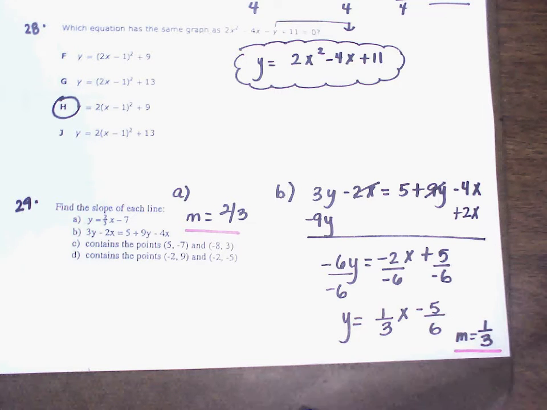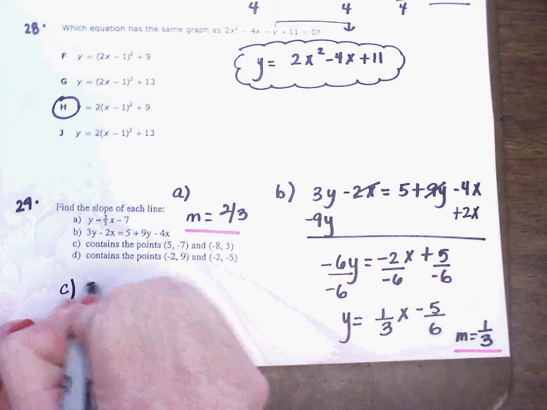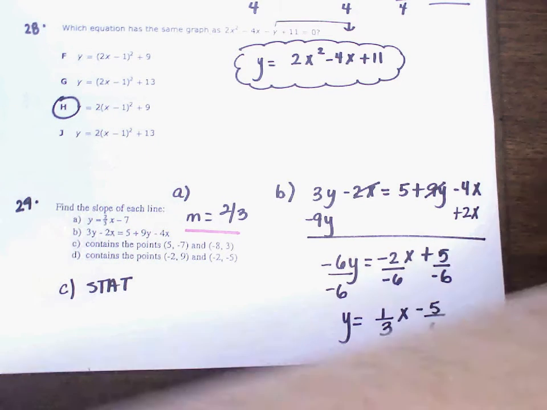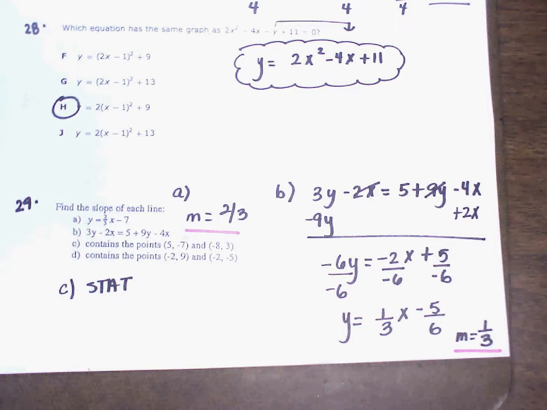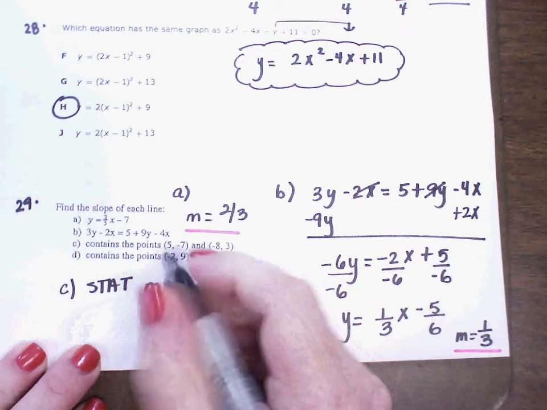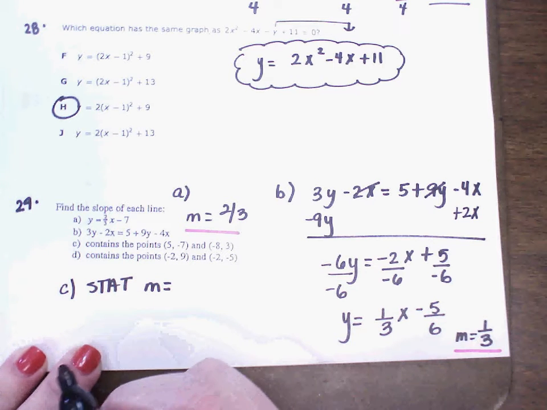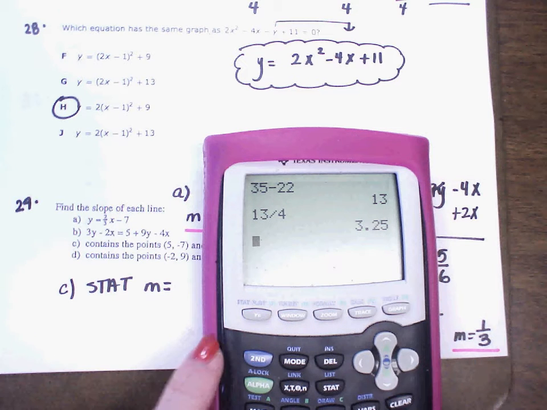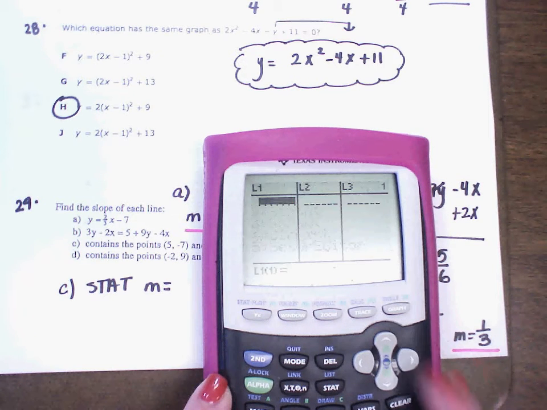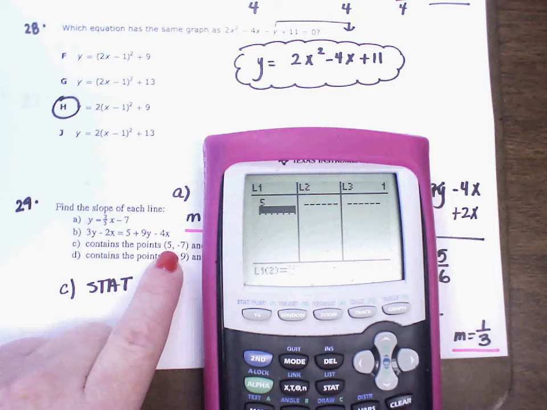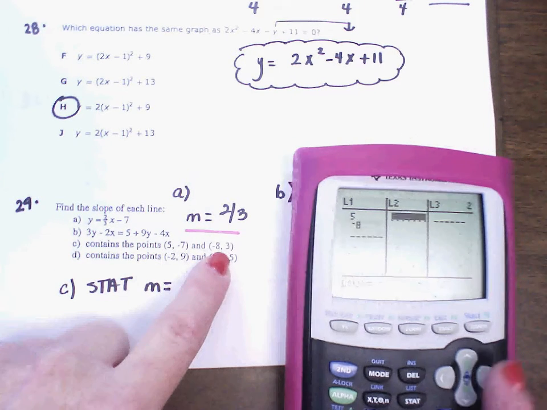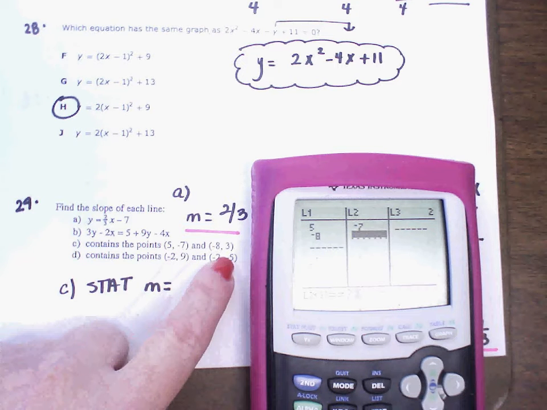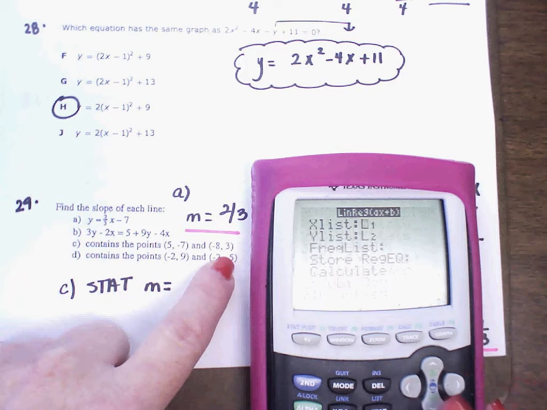All right, for the next two, all you need to do is go to stat. For letter C, I'm going to go to stat, and I'm going to find the equation of the line. All right? So m equaled, let's go ahead and do it. 5 and -8 and -7 and 3.